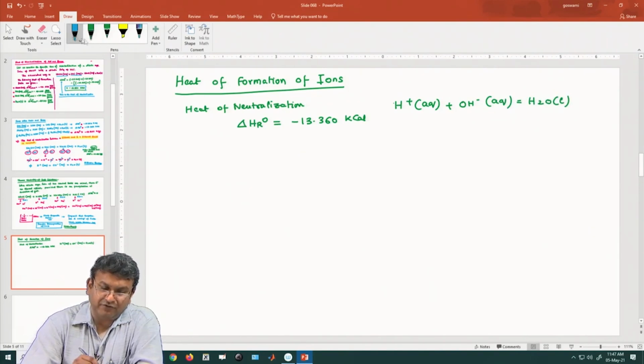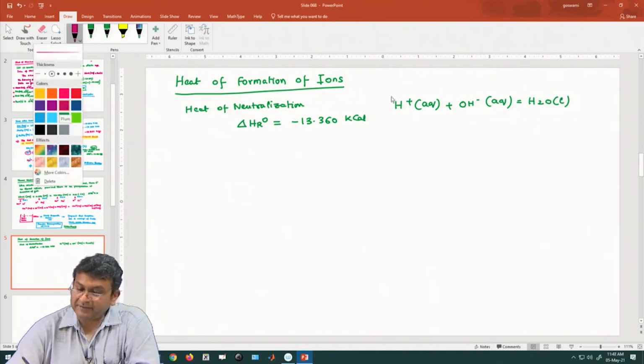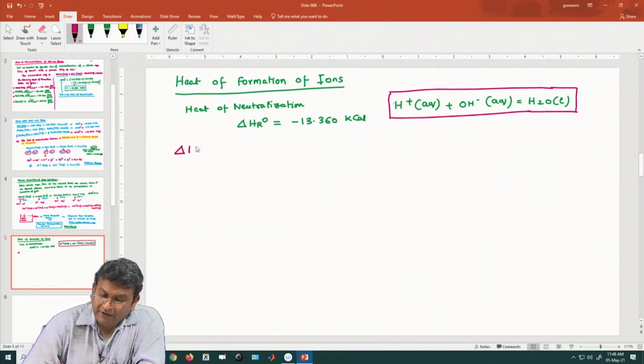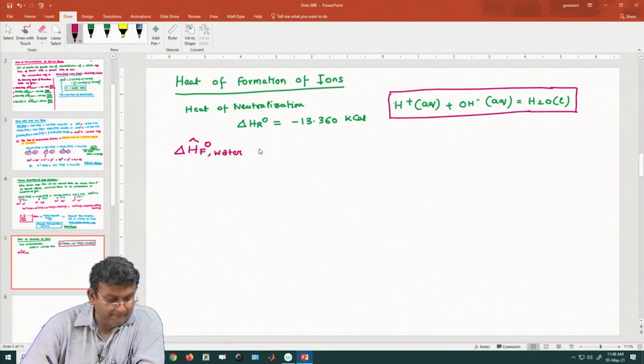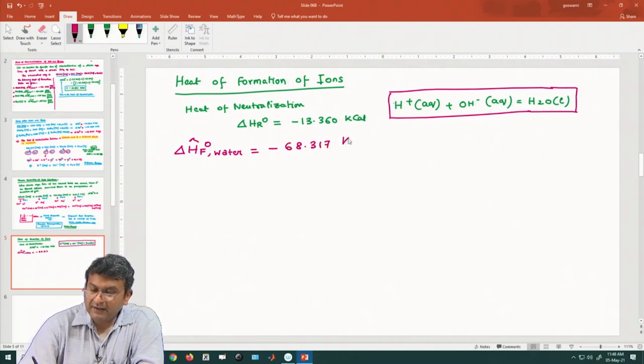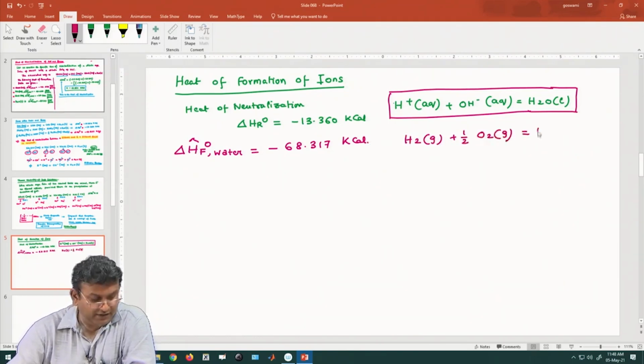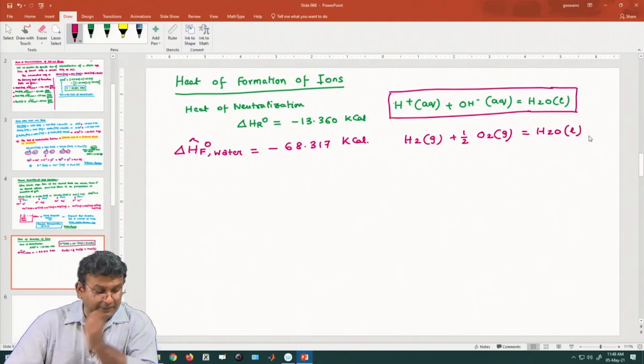So, this is what we have got from the previous lesson, and we also know that the heat of formation of water is minus 68.317 kilocalorie. So, what would that mean? That means the heat of reaction of this particular reaction is minus 68.317 kilocalorie.